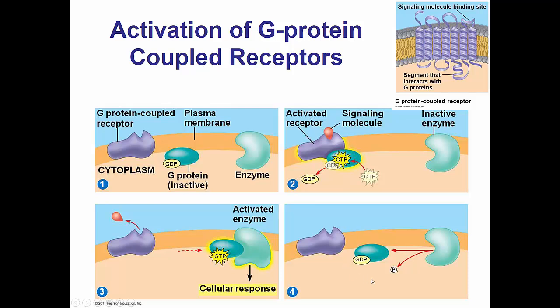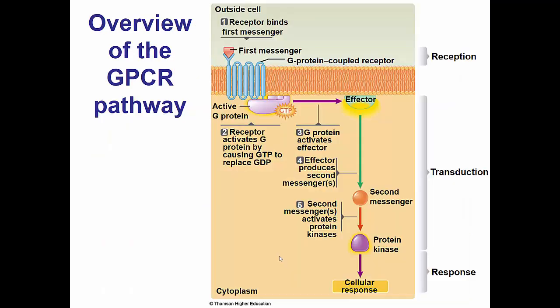And the signal is stopped when the G protein becomes inactivated by cleaving GTP to GDP, allowing the cycle to start again. How these 2 pathways will vary will be in the identity of the activated enzyme. So let's talk about an overview of the general G protein coupled receptor pathway first, and then we'll get into the 2 different pathways that we're going to talk about.